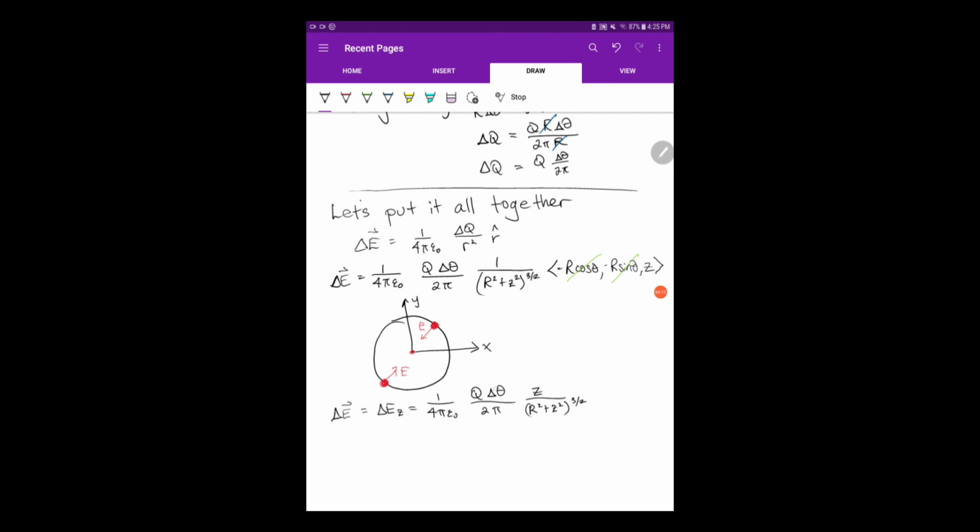So all I have is a summation over theta, and I know that I'm summing this from 0 all the way around the circle, so that theta is going to go from 0 to 2 pi.